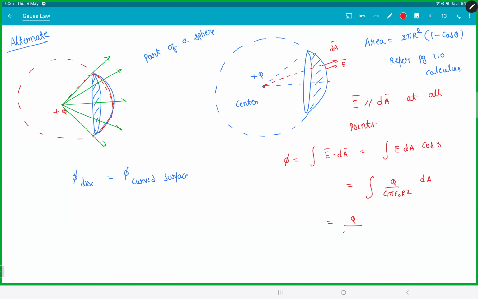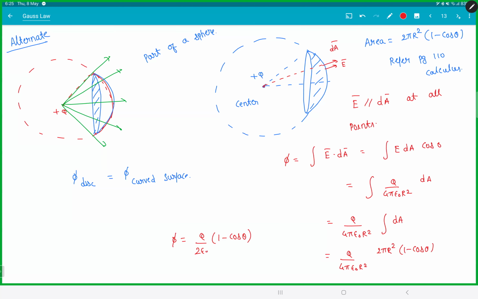So this will be Q by 4 pi epsilon r square into integral dA. And dA is nothing but area of that piece. Q by 4 pi epsilon r square into 2 pi r square 1 minus cos theta. And therefore, you'll get flux is equal to Q by 2 epsilon 1 minus cos theta.